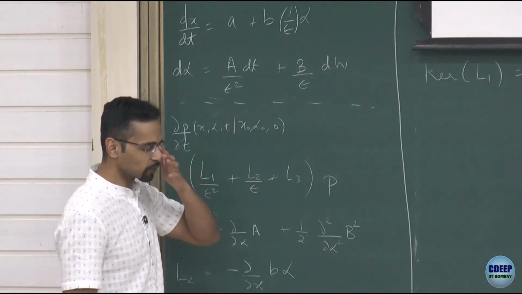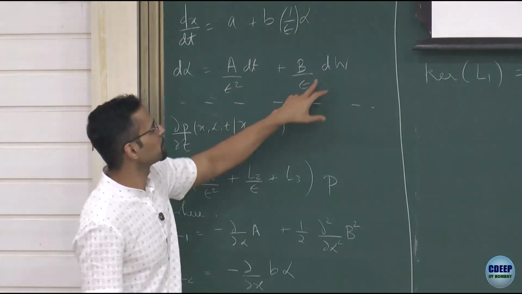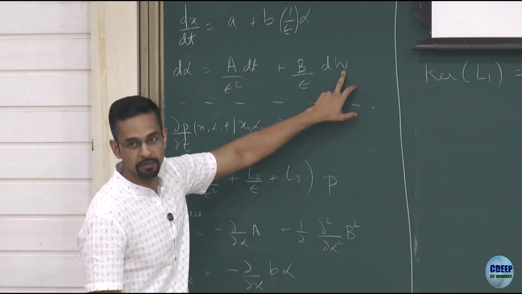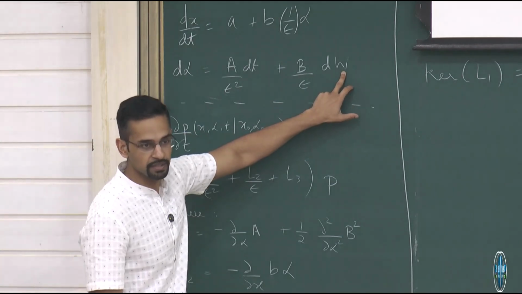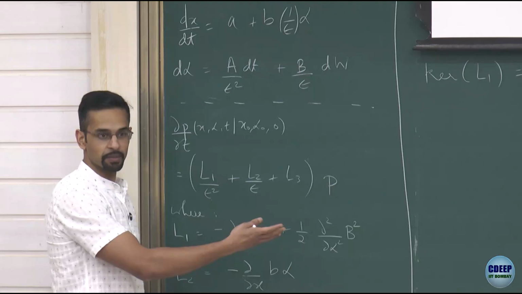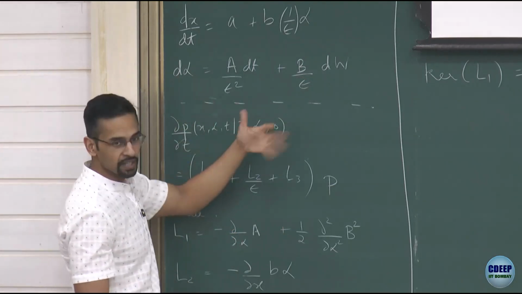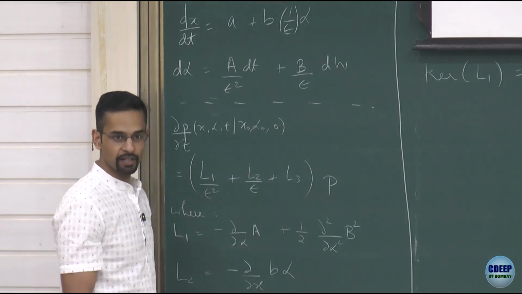And epsilon square, as I said, holds the ratio of time scales. That's why it comes like dt by epsilon square, but dW by epsilon, because remember, increments of the Wiener process go like root t. Fine. So now the point is that when epsilon goes to 0, we'll get this singular limit of white noise, where alpha itself starts to fluctuate like a white noise process.